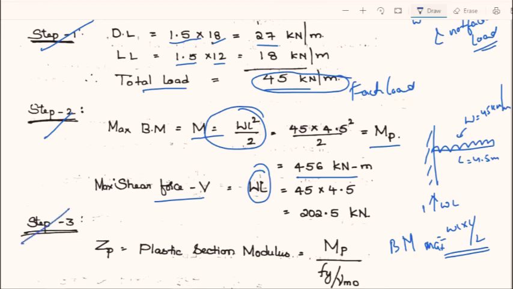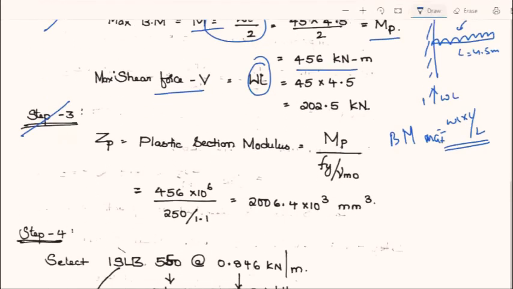Now step 3. In this step 3, we assume that this section is plastic, and we will try to calculate the plastic section modulus. So we know that MP is equals to Fy into Zp divided by gamma m naught.